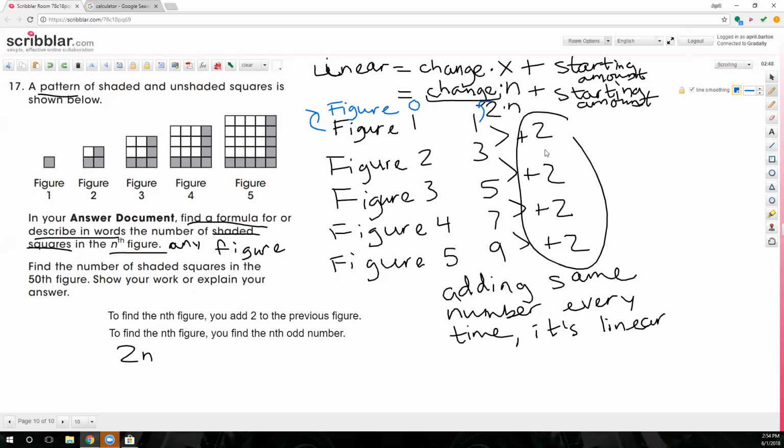So when we went forwards, we added 2. If we go backwards, we're going to minus 2. So subtract 2, but we want to actually find the amount. So we want to do 1 minus 2 to get back to the actual number. We don't want the amount we're changing by going backwards. We want the actual number.